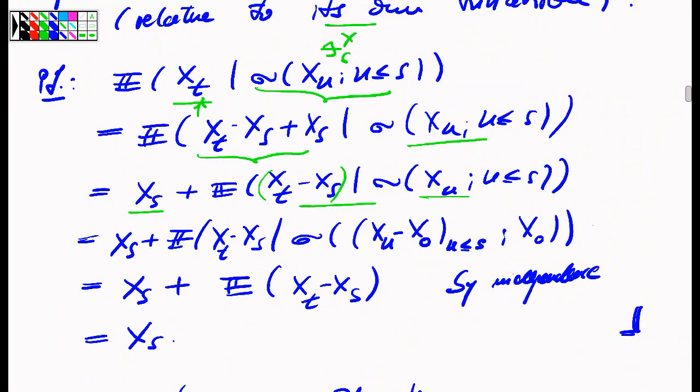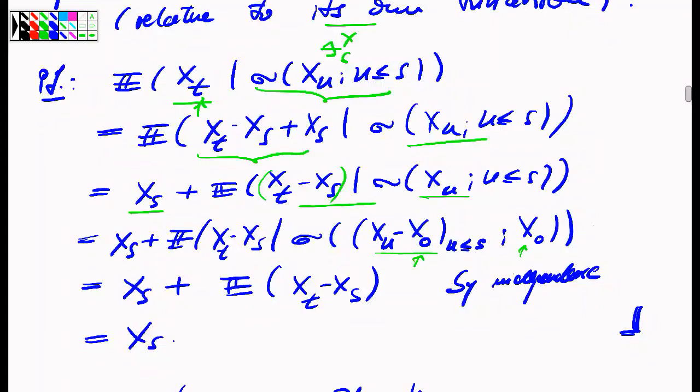Now, the sigma field generated by all the possible realizations of the trajectory up to point u is the same as the sigma field which is generated by the increments of the trajectory towards the initial position and the initial position.